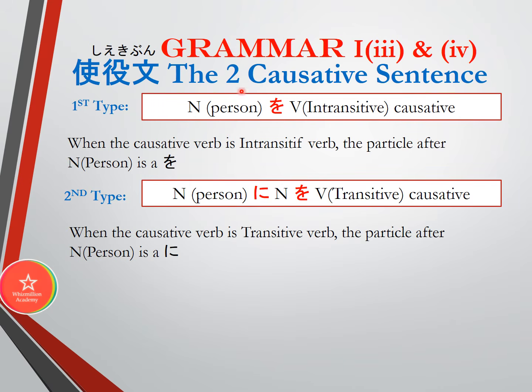He's the one who's carrying out this activity. It's just that for the second type, there's an additional noun where you have to insert the particle を. We look at some examples in the following slide.